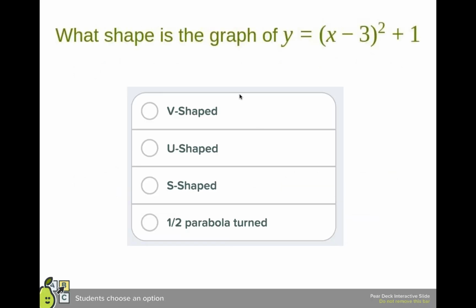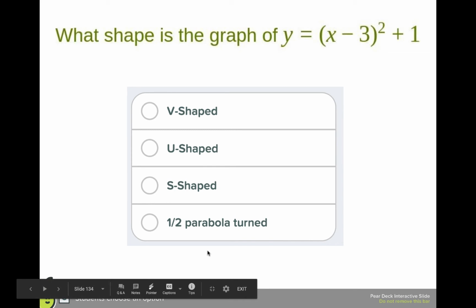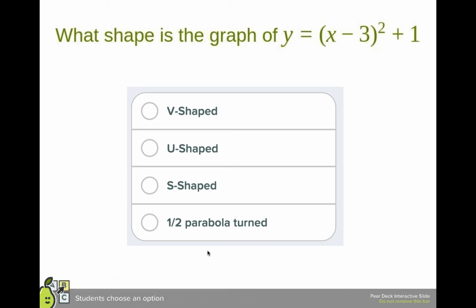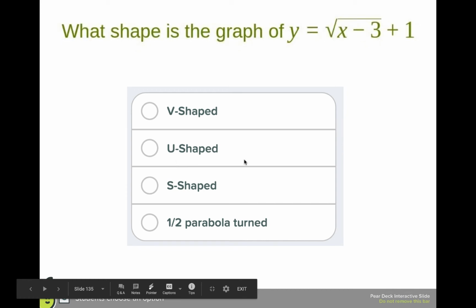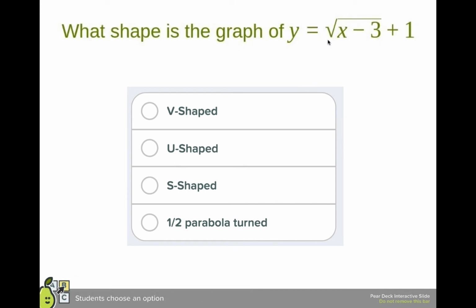Okay, using this equation, y equals x minus 3 squared plus 1, what shape is that graph? Okay, the squared graph would be a U-shaped graph. What is the shape of y equals the square root of x minus 3 plus 1? What shape?